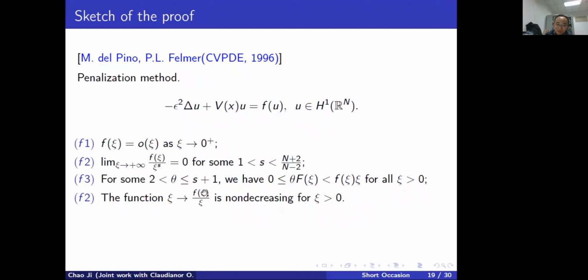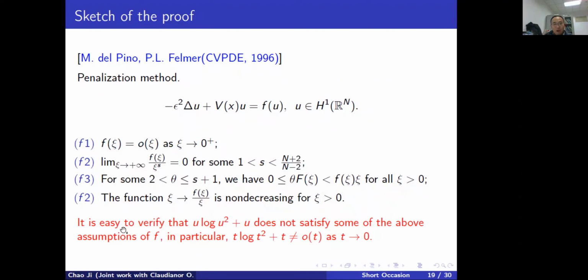With this assumption, normally we will use the Nehari manifold. In order to overcome the lack of compactness, they used the penalization method to overcome that difficulty.